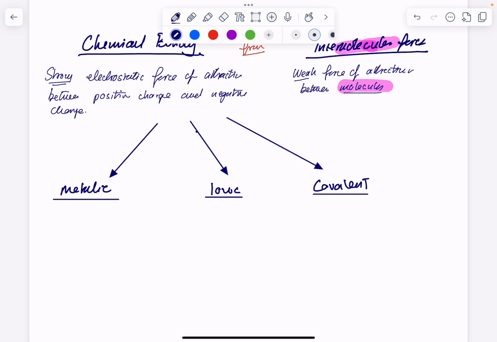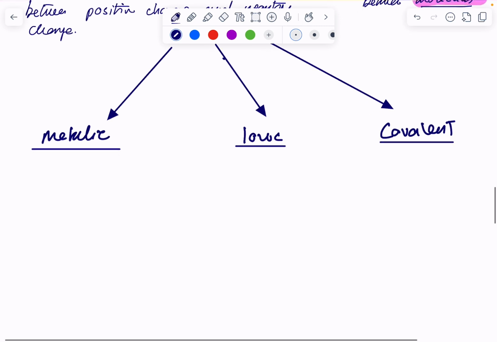Different types of element form different types of bonds. So metallic bonding is when we just have metals present.